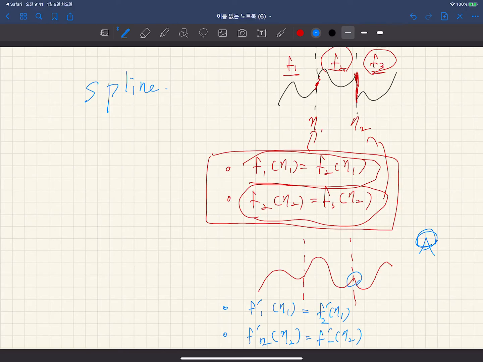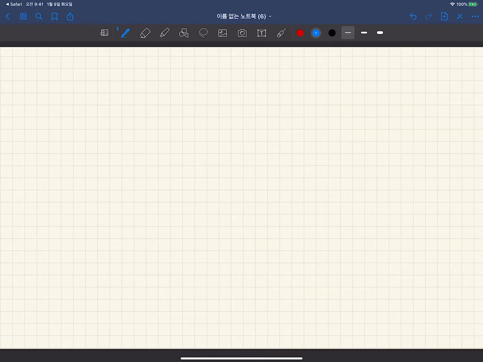Then we have to add one more constraint. The second derivative also has to be continuous over the whole range. What about the third derivative? What about the fourth derivative? What about the fifth derivative? So the spline method is this.